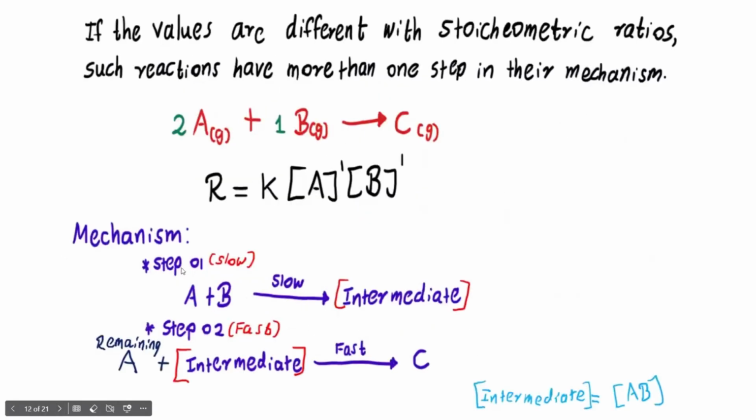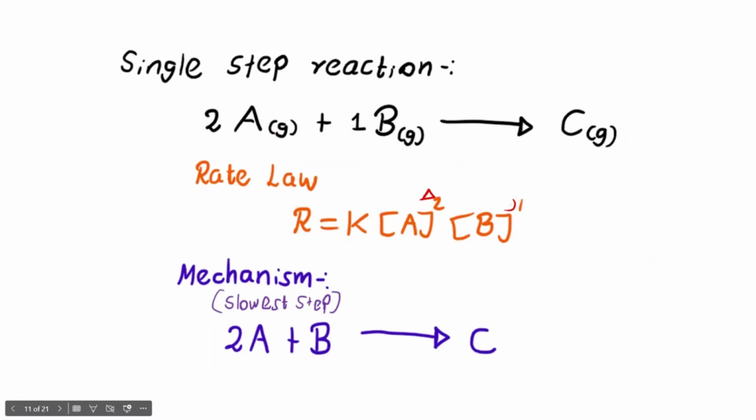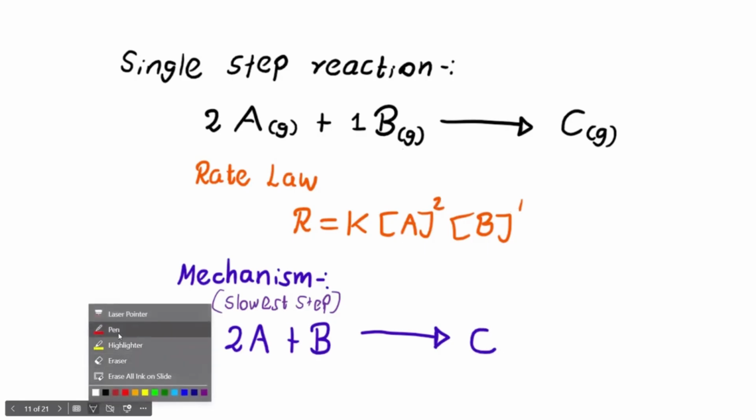So what they are saying here is, the order is responsible for the number of molecules taking part in the slower step of the mechanism.